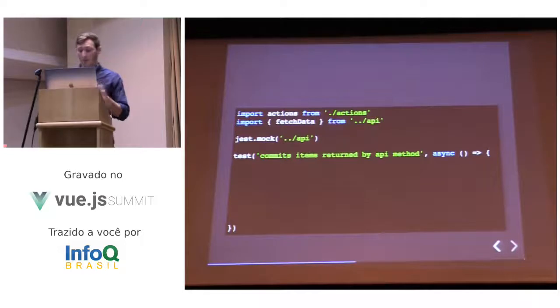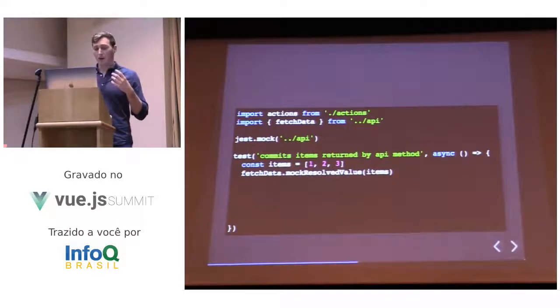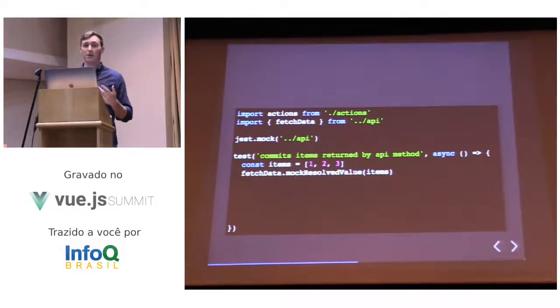And Jest mock functions are really cool because we can control what they return. So we could set the fetch data function to resolve with this items array, rather than to use the original fetch data function, which makes an HTTP request.